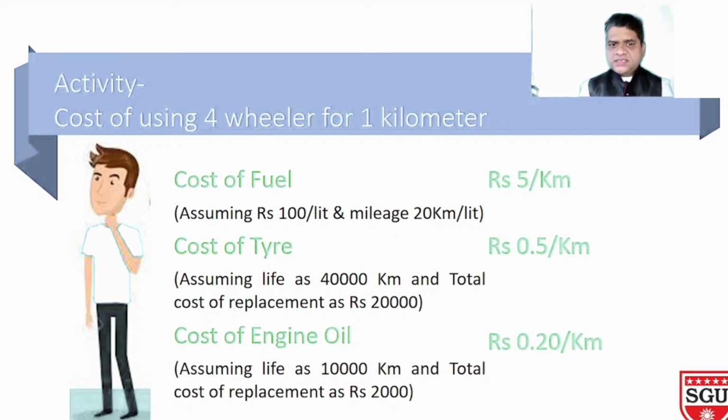Likewise, you need to add the notional cost elements in order to know the actual cost of using a four-wheeler for 1 kilometer. With these two elements added, the cost is not 5, but it is 5.70. Got it? So please look into the notional cost element also and make it a practice, so that you can get to the cost that you actually need to spend for a particular activity.